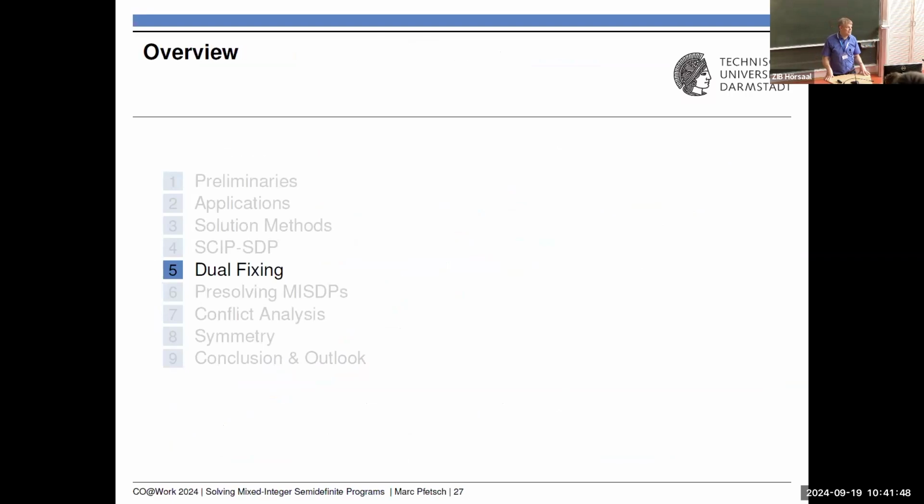Any questions on this block? Anything unclear? Yeah. So this truss topology is okay. Cardinality constraints okay. The min k partitioning is not so good.